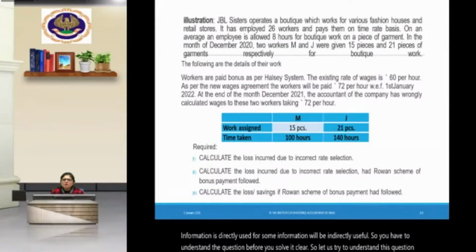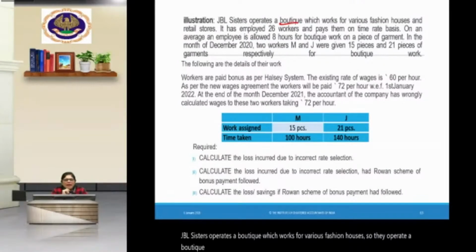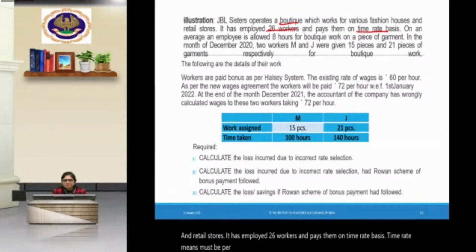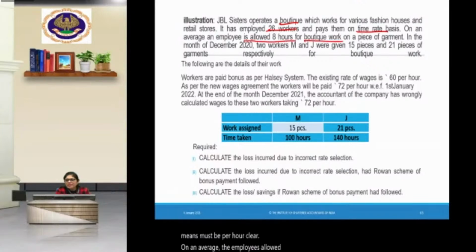JBL Sisters operates a boutique which works for various fashion houses. So they operate a boutique and retail stores. It has employed 26 workers and pays them on time rate basis. Time rate means must be per hour. Clear? On an average, the employees are allowed 8 hours for boutique work on a piece of garment.